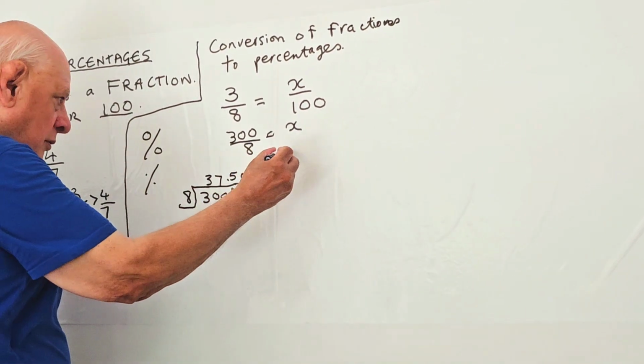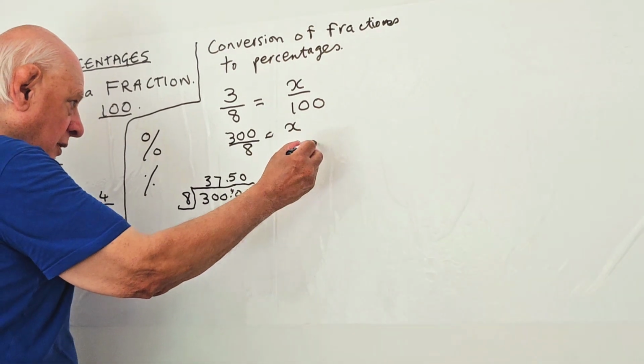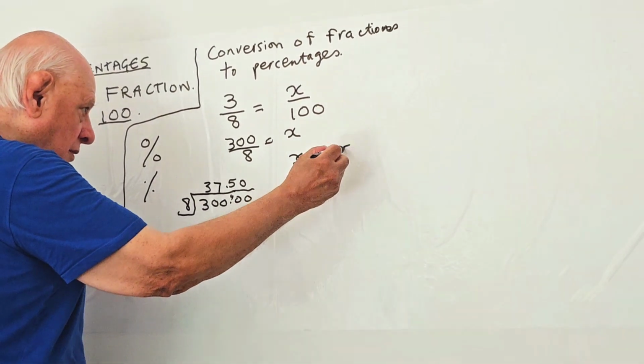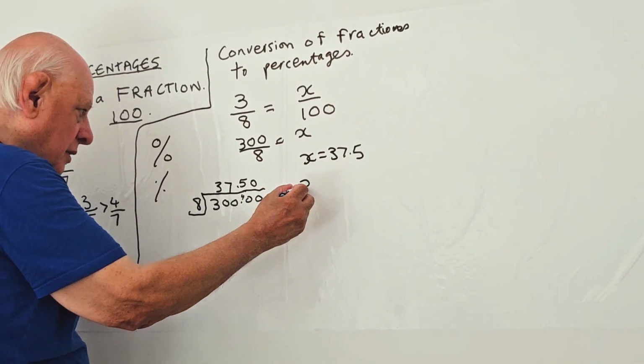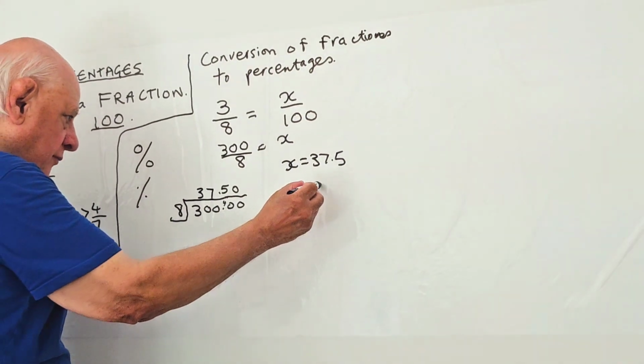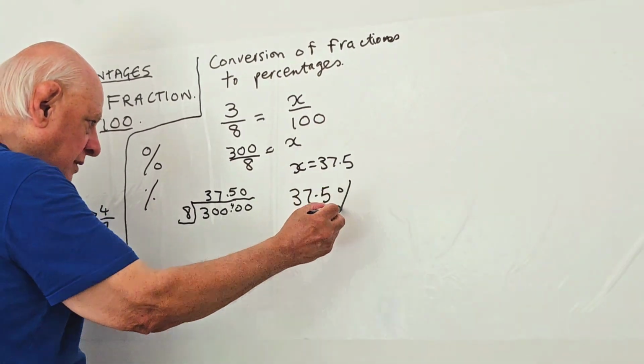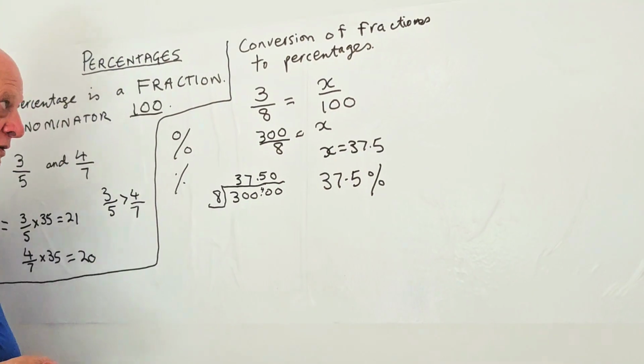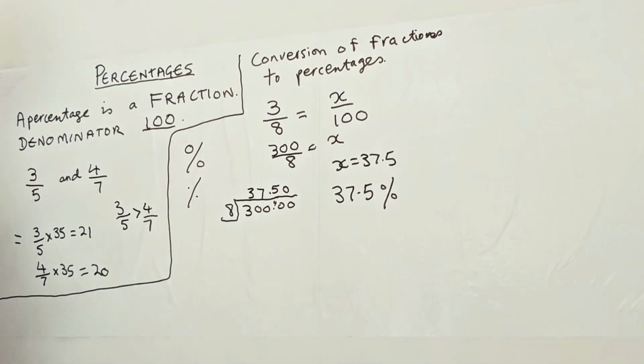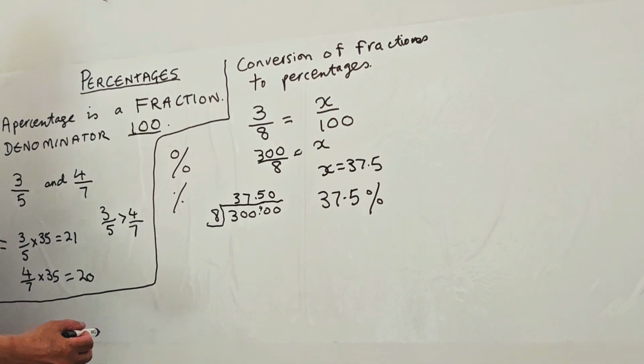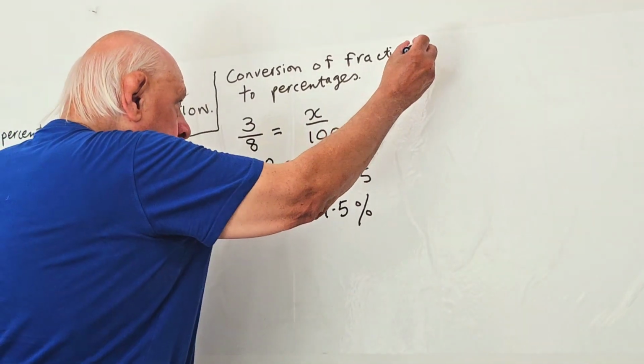So x here will be 37.5. And our answer will be 37.5%. That means out of 100. All right? Okay?